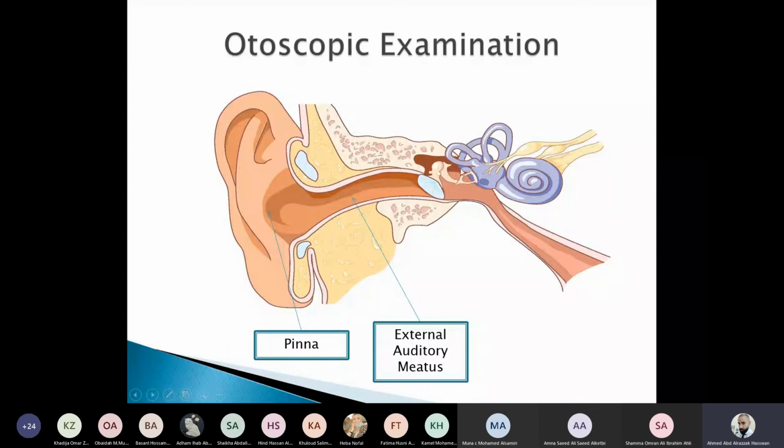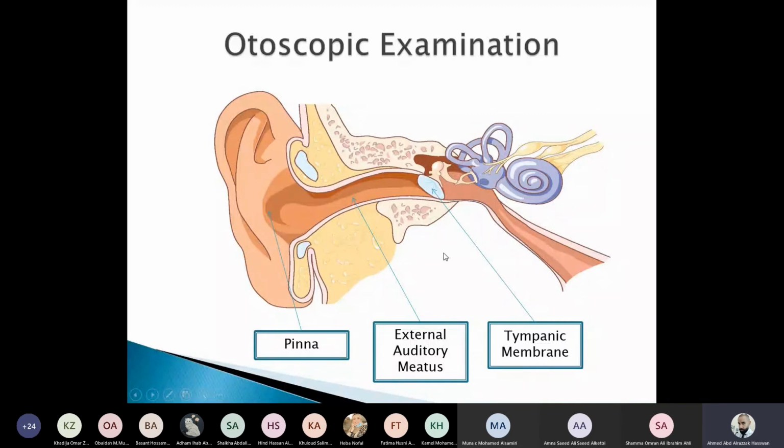Now here in the middle, of course, we have the middle ear. And finally, we have the inner ear. Of course, the inner ear we cannot examine. Rather, the middle ear, we can examine. The last thing is the tympanic membrane. And the tympanic membrane could give us an indication of some middle ear diseases, infections, or any pathologies. Okay, so the tympanic membrane will be our window to actually examine the middle ear.